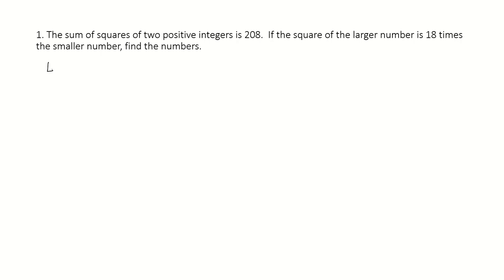So let the smaller number be x. If the smaller number is x, then according to this line, the square of the larger number is 18 times the smaller number.